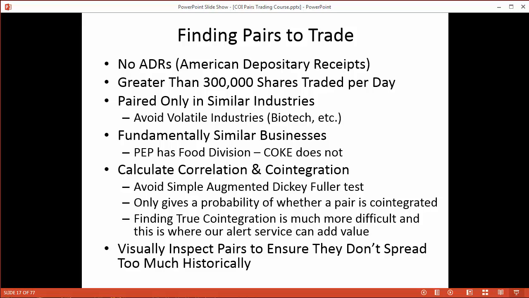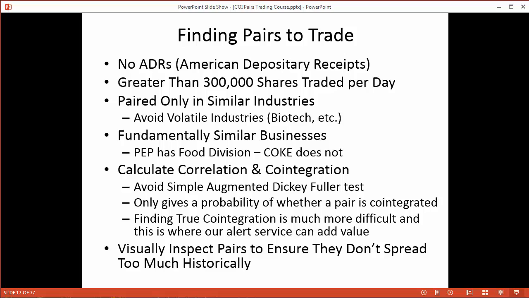So it really isn't in the same exact business as Coke. It has an additional food division. So on a fundamental basis, they're probably not similar businesses. And in fact, when you get to the next step, which is more mathematical, looking at the charts and the past trading experience, these two companies will probably get kicked out because they don't behave in a similar manner.